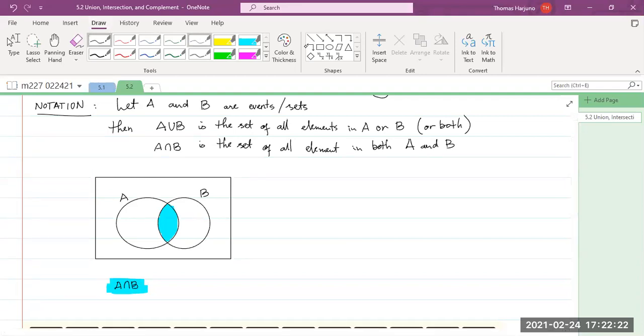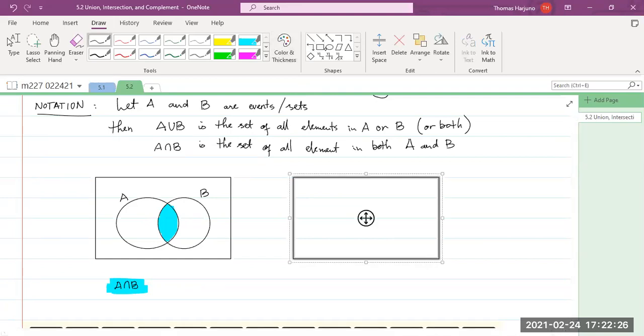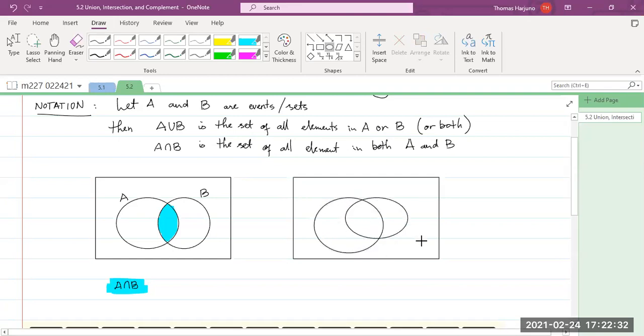On the other hand, when we say the union of two sets, so let's say this is set A and this is set B, then the union refers to the region either in A or in B, which includes both.